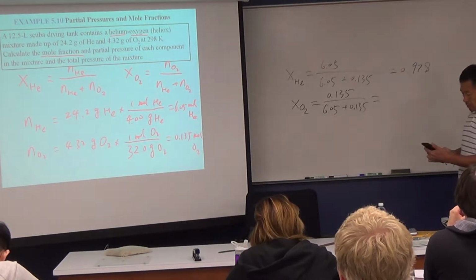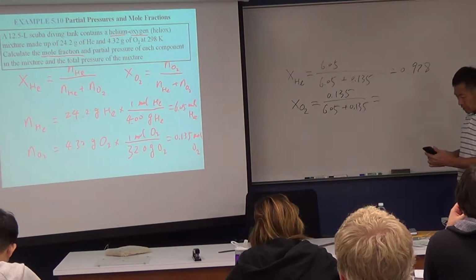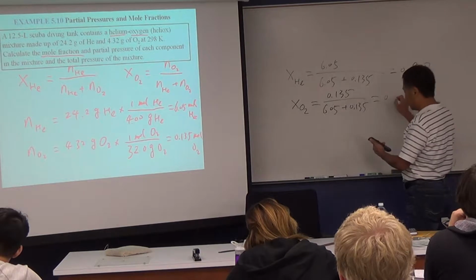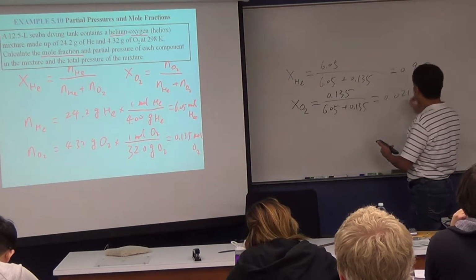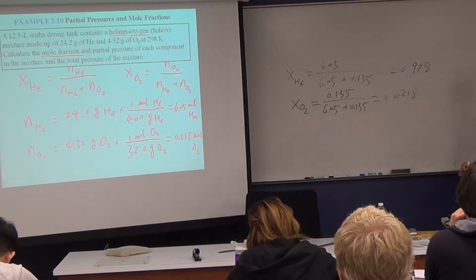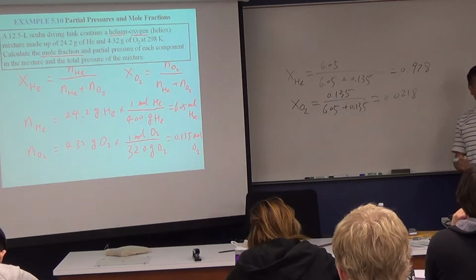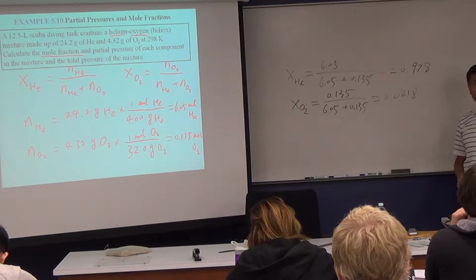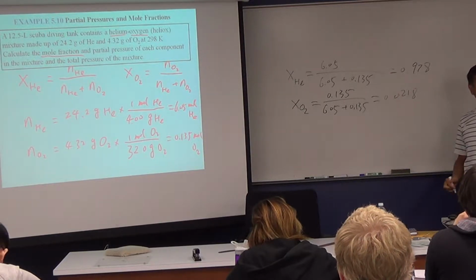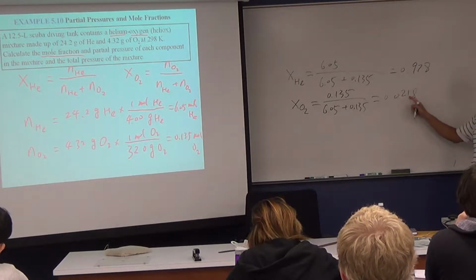So we have 0.135 divided by 0.135 plus 6.05, and you get 0.0218. Adding those together, you probably will not get exactly 1 because of numerical errors, but in principle this one plus this one equals 1.